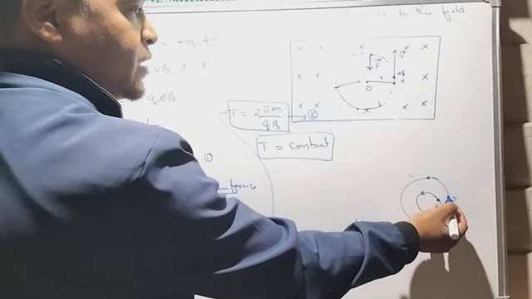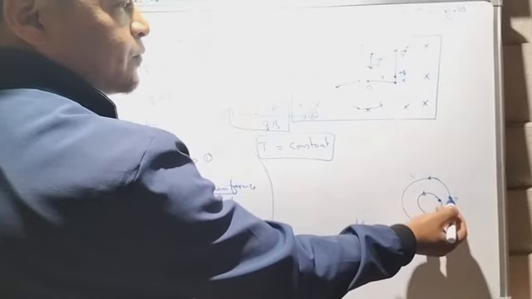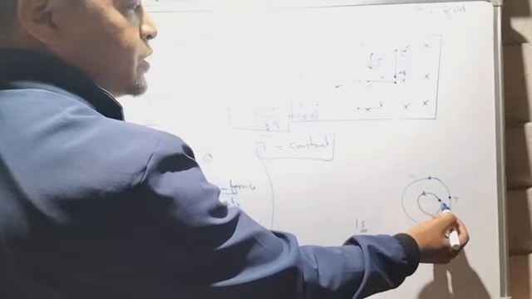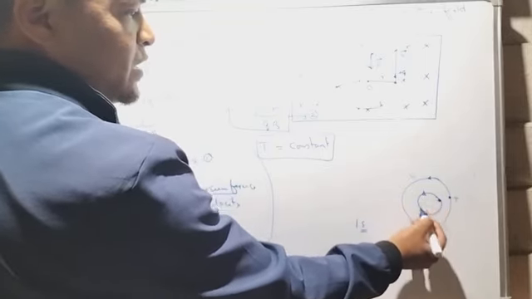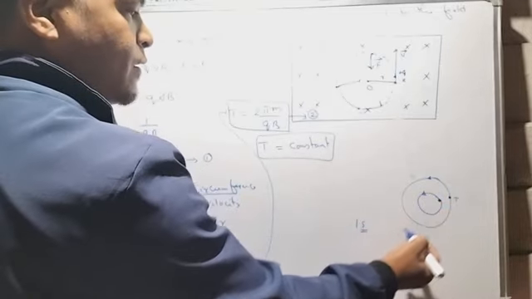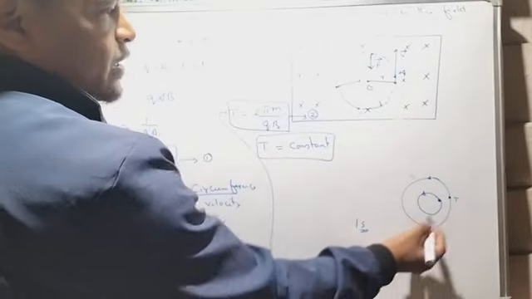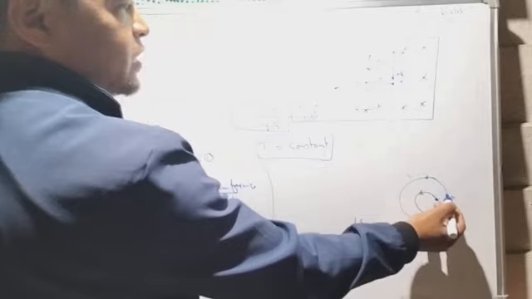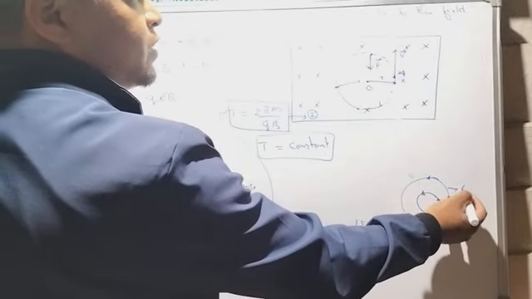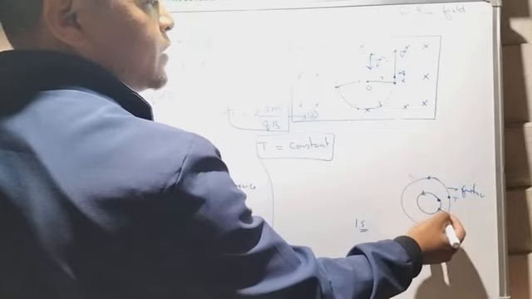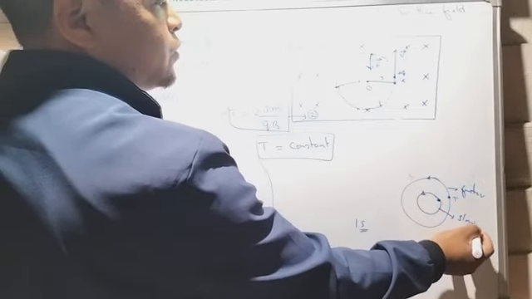But in a larger circle, clearly the distance is large. If the velocity of the charge is the same as in this circle, then the time would be more. But in order to get back 1 second, in this larger circle the velocity should be more. It means the charge here should be moving faster, and here it is moving slowly.